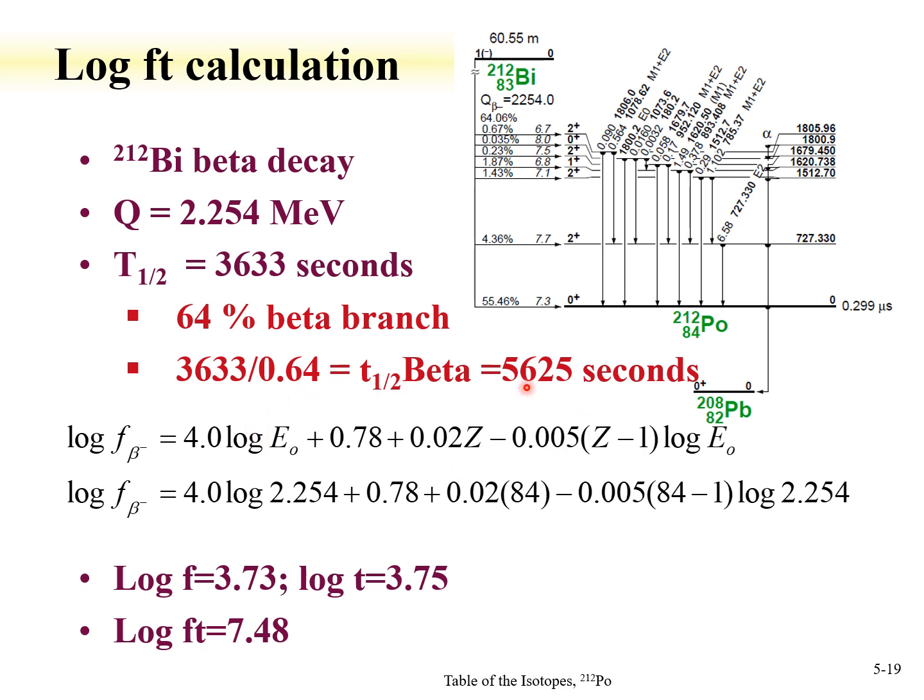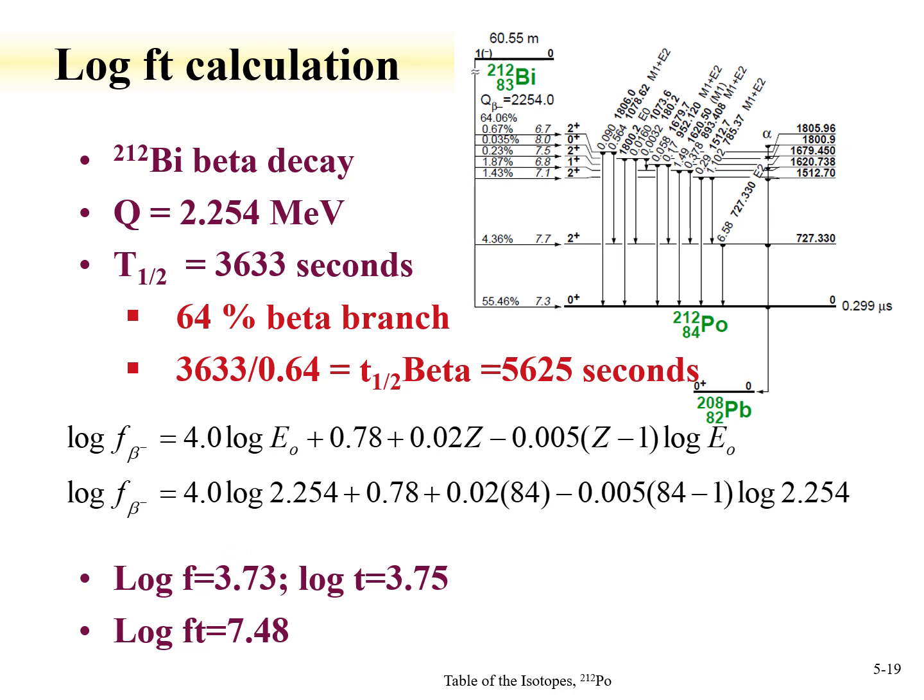Remember that this is a 46% beta branch, so we use one of the equations that we discussed earlier. If I use my equation for the log F beta minus, I have this equation. I plug in my half-life, I plug in my Q value, and 84 for the Z of the progeny polonium. My log F is 3.37.